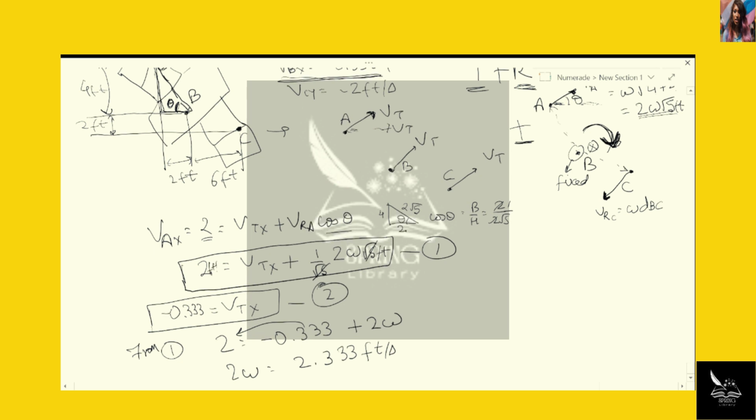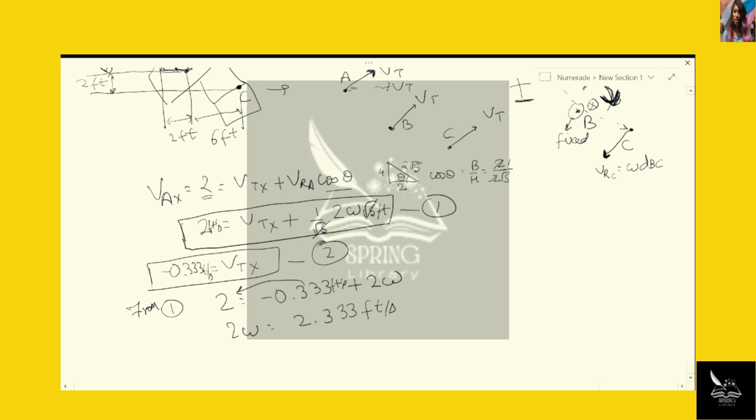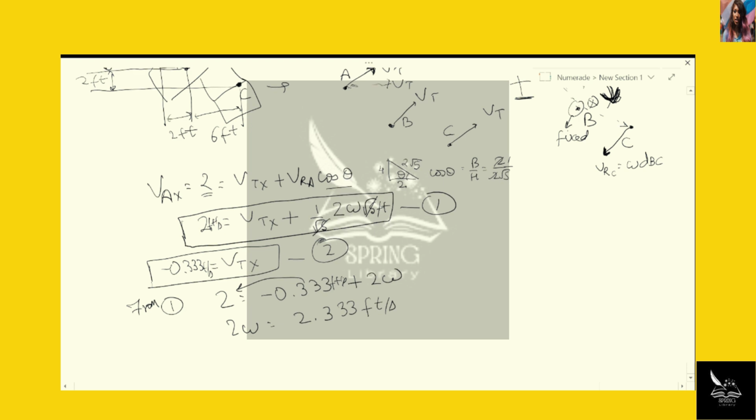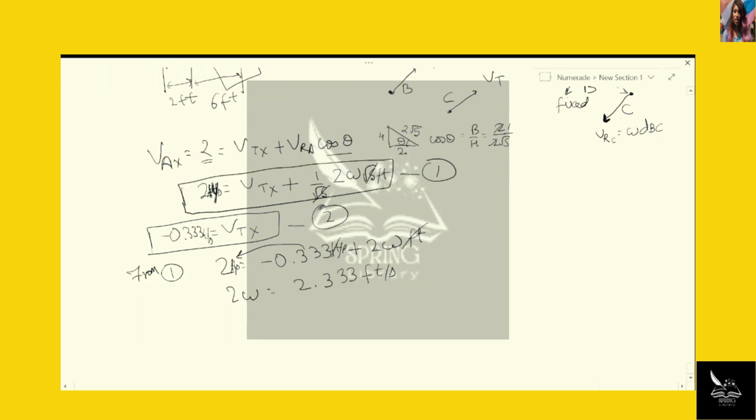This is feet per second, and VTX is also feet per second. So all the feet cancel, and then you are left with only 1/2 for omega, which is the correct unit because radians has no units.